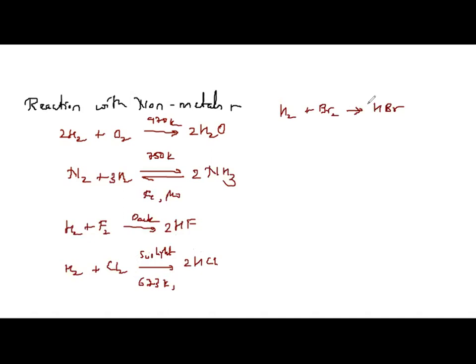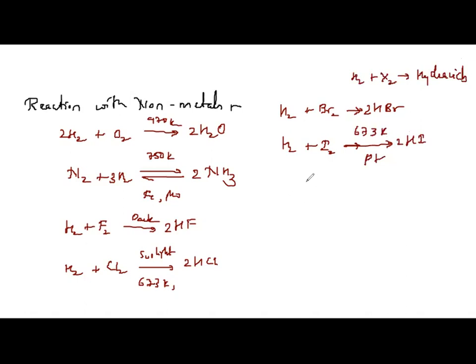So with halogens, it will form hydra acids. H2 reacts with iodine at around 673 Kelvin in presence of platinum to form HI. It reacts with all the halogens. H2 reacts with halogens, represented as X2, to form hydra acids, or you can call them mineral acids.